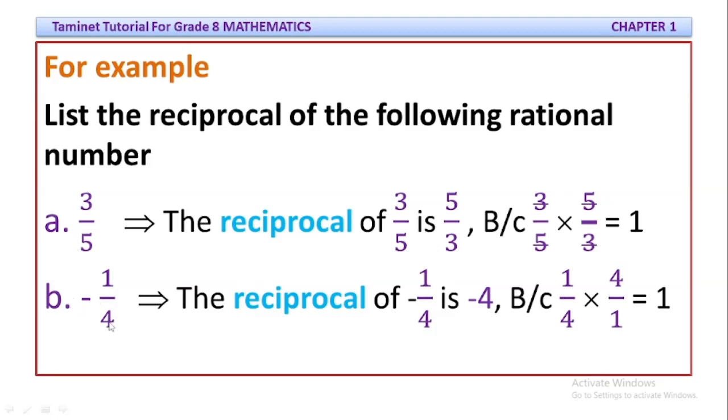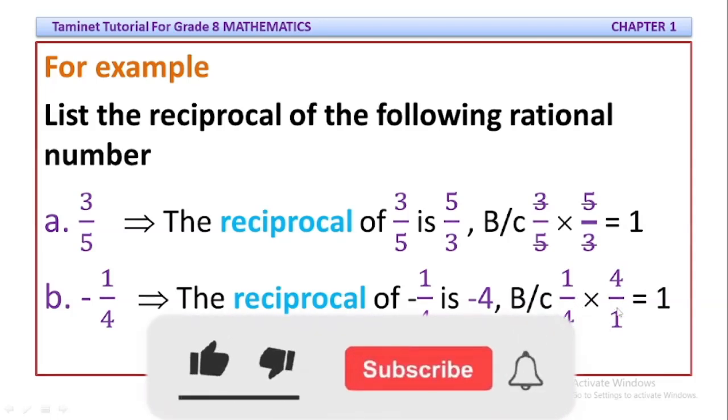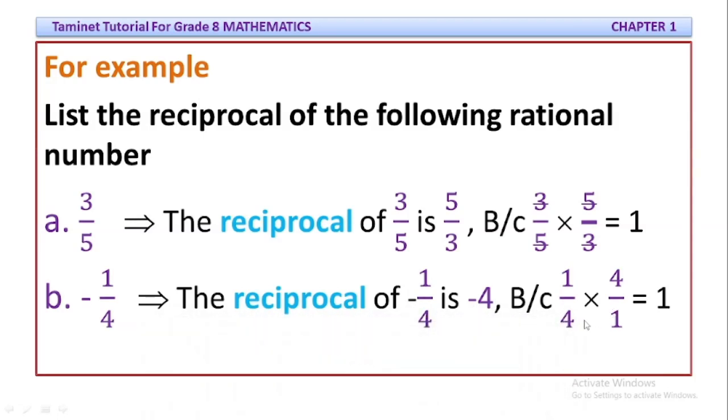If negative 1 over 4, let's show the reciprocal of negative 1 over 4. It will be negative 4, because 1 over 4 and its reciprocal is 4 over 1. So both are negative. Negative times negative is positive according to the previous rule.